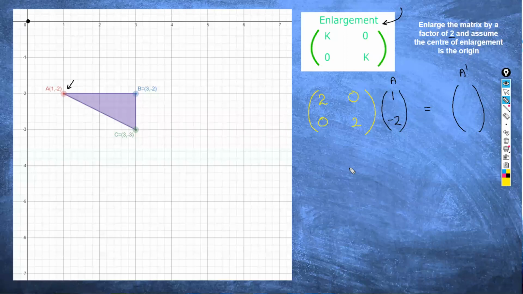And you do this for all the points, right? You take 2, 0, 0, 2, and then you multiply it by point B, which is 3, minus 2, and then you repeat for point C. I'm not going to go through how to do the matrix C multiplication. I think we did it enough. You just need to get your answers and send it.